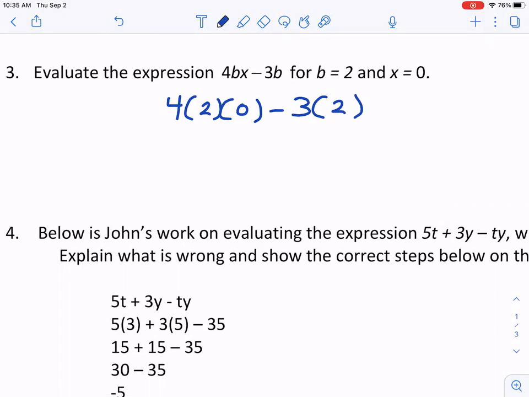It helps to write it out and not try to do it all in your head, unless you're really good at these. When we do this, 4 times 2 is 8, but 8 times 0 is 0. So we just get 0 on the left-hand side. And then that minus comes down, and 3 times 2 is 6. And so 0 minus 6 is -6 for that first one.